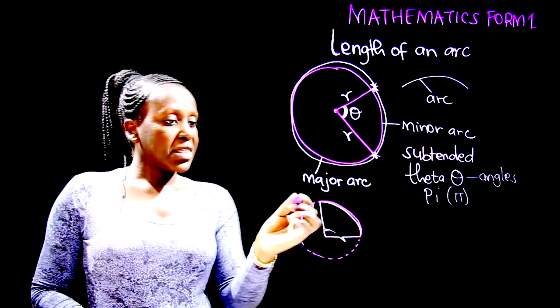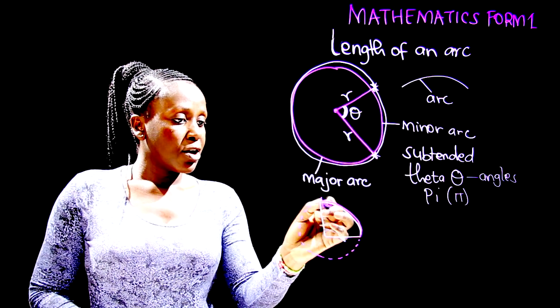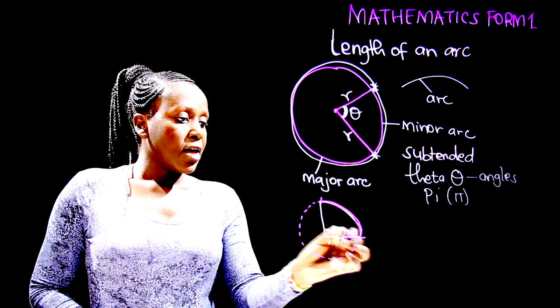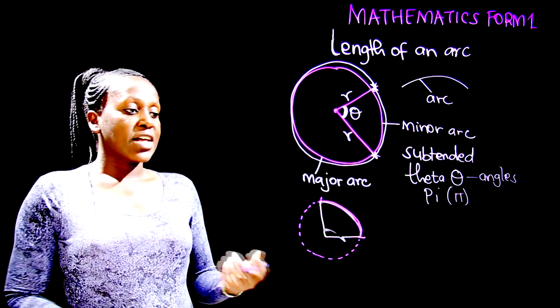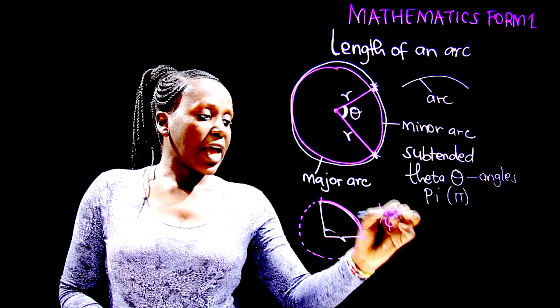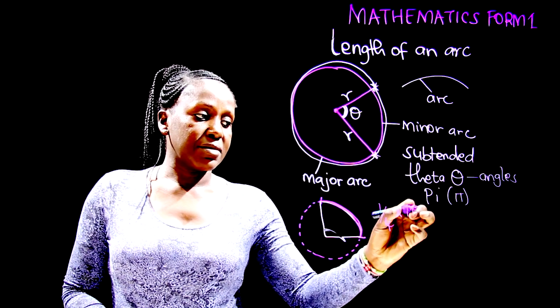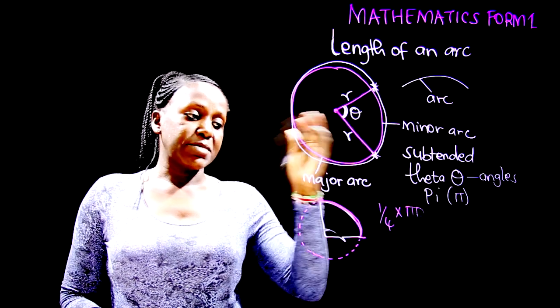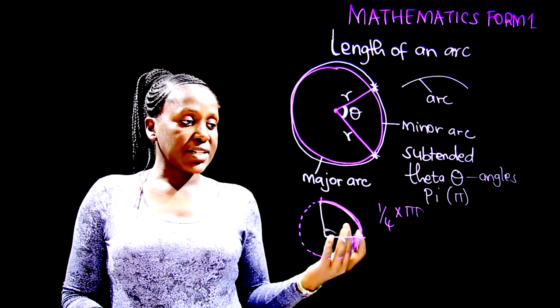If you want to determine the length from here all the way to here, the formula that we know is that we take a quarter times pi d, right? A quarter times pi d, because this is a quarter of a circle.